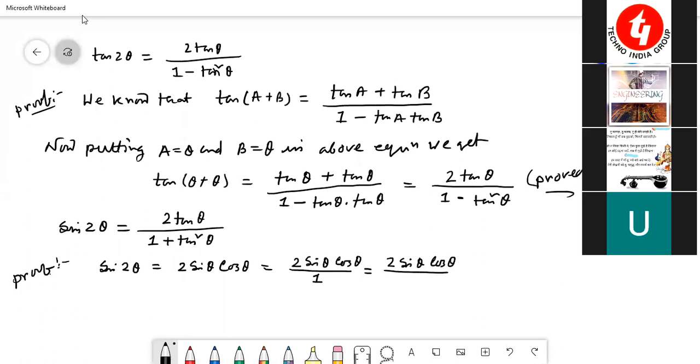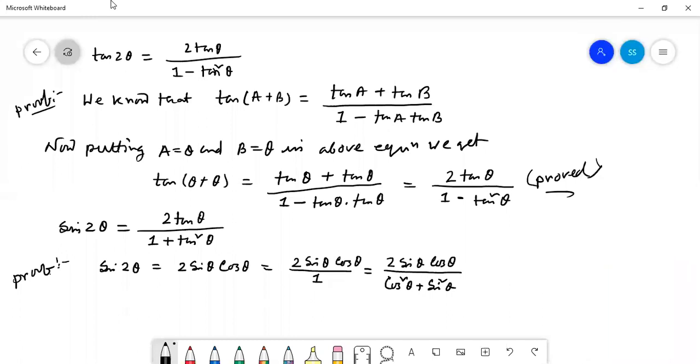This 1 can be written as sine square theta plus cos square theta, or cos square theta plus sine square theta. Can you write this? Instead of 1, we write this down.